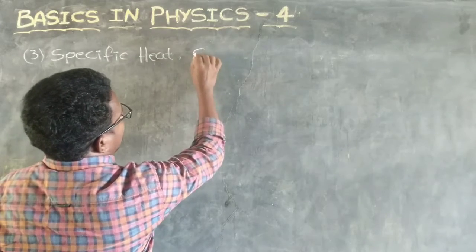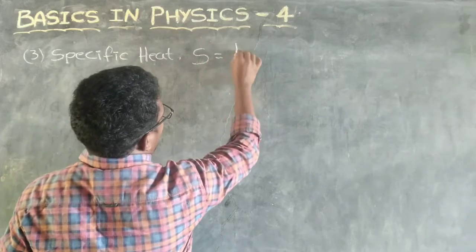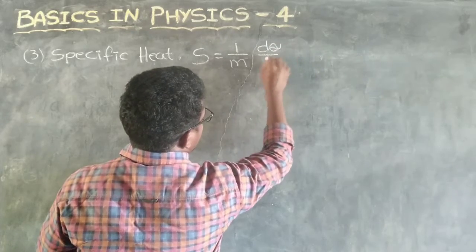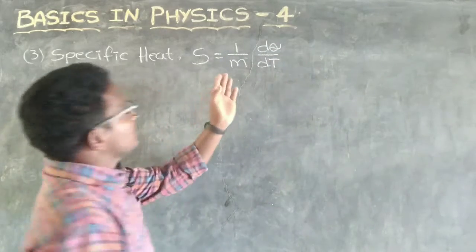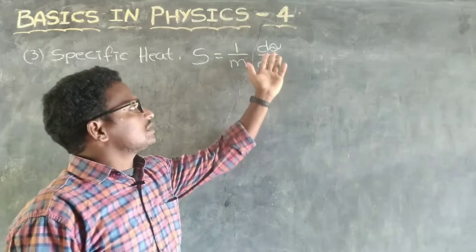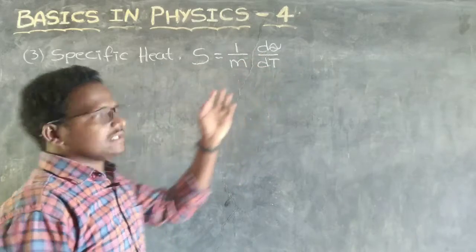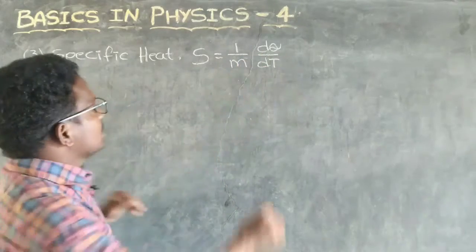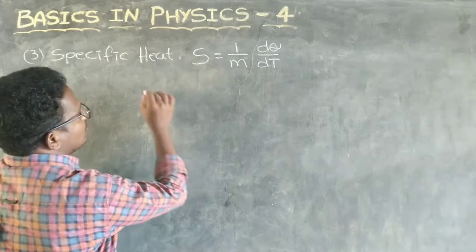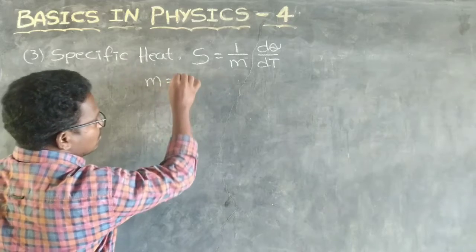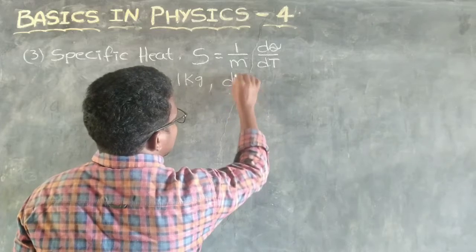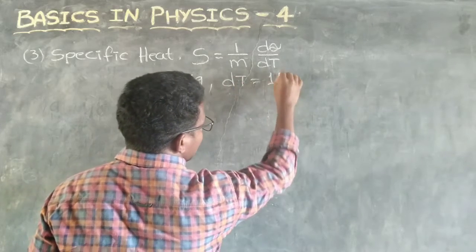Specific heat S equal to 1 by m into dq by dt. What is the meaning of S? S means specific heat, m means mass, T means temperature. For example, we consider mass m equal to 1 kg and dT equal to 1 Kelvin.